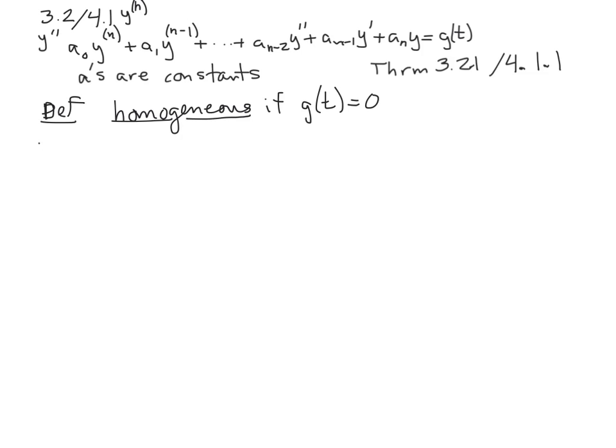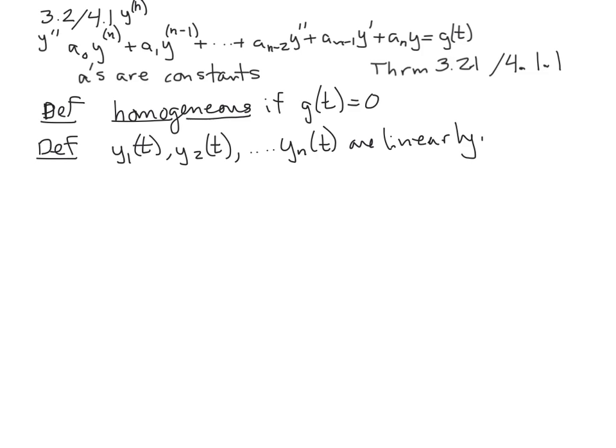Another definition that we need, and this is getting a little bit into some linear algebra, is the definition of linearly independent functions. We're going to say that y1 of t, y2 of t, all of these up to yn, so we're going to have n different functions of t, are linearly independent.